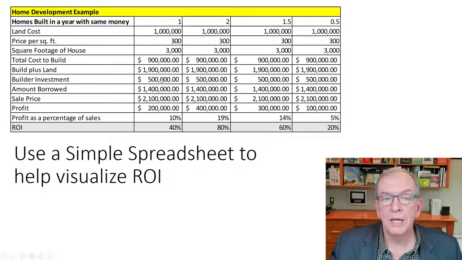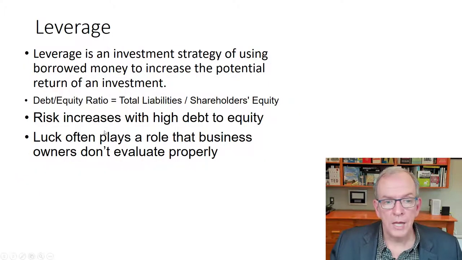The problem is nobody's going to let you leverage it that much. They may not let you leverage it this much, right? So those are other considerations that come in as well. And you are taking more risk when you leverage that way.